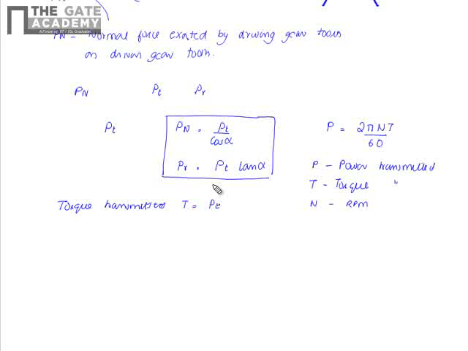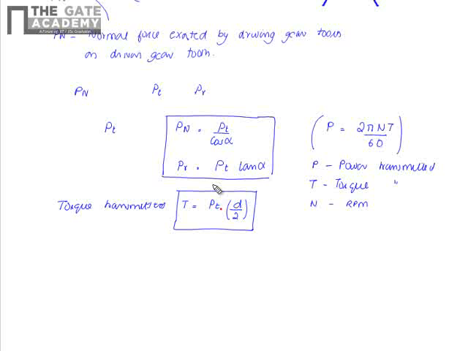Pt, that is the tangential force, into the pitch diameter D by 2. So torque will be Pt into D by 2. This will be the torque transmitted. So from the power transmitted, we can find the torque transmitted, and from the torque transmitted, knowing the pitch circle diameter, we can find out the tangential component of the force.